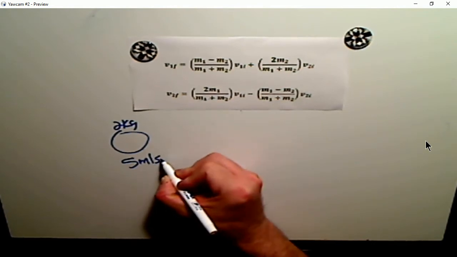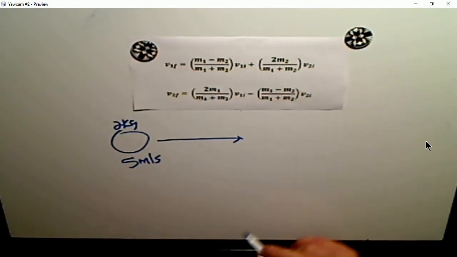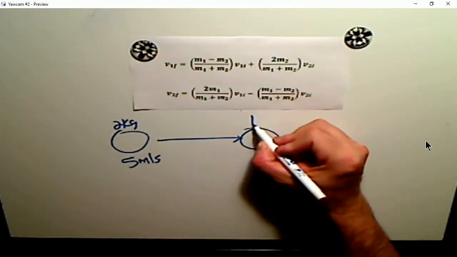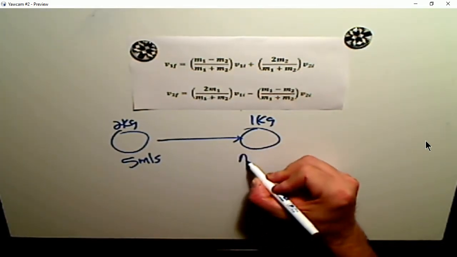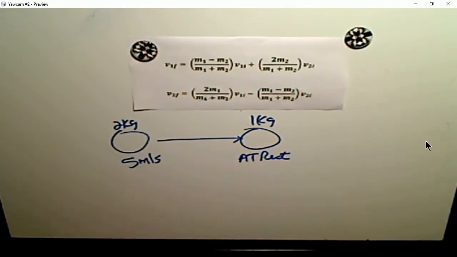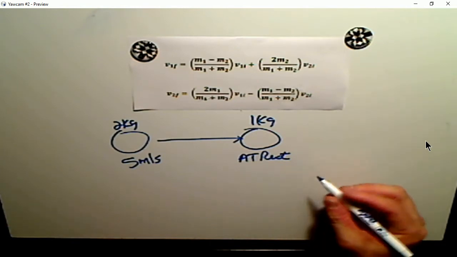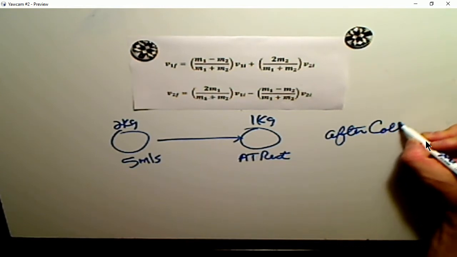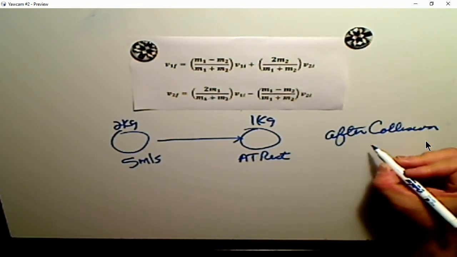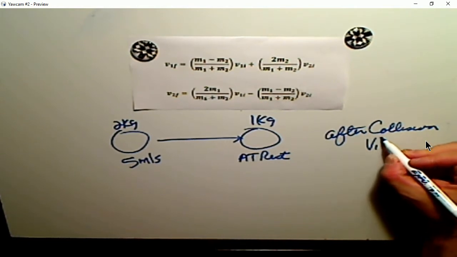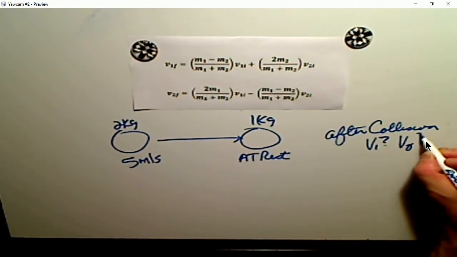It's going this way. It collides with a ball that is 1 kilogram, and it is at rest. After collision, velocity of 1 and velocity of 2, what would they be?